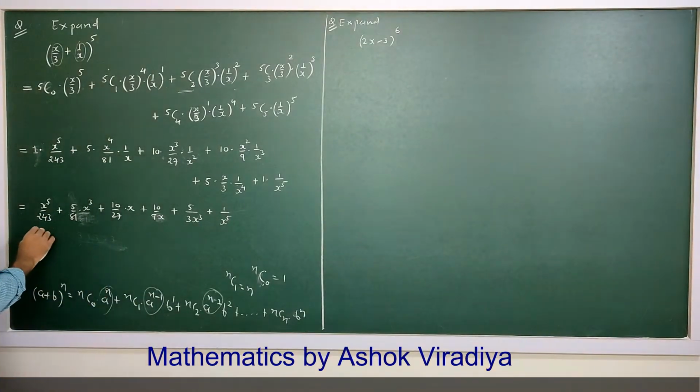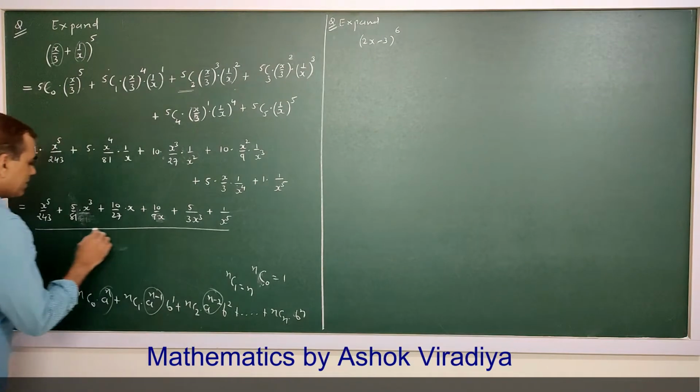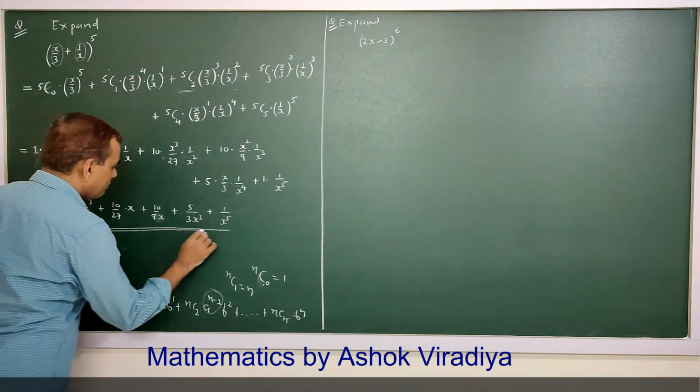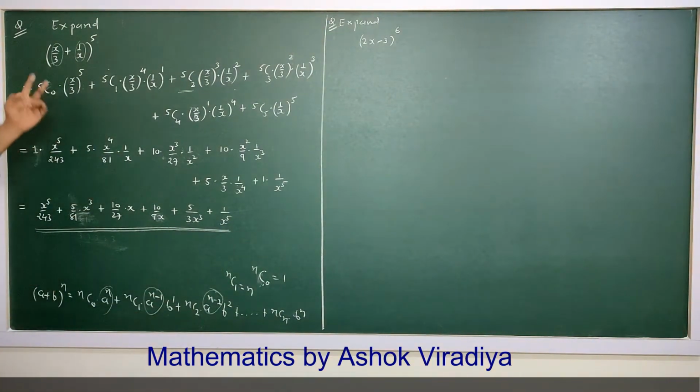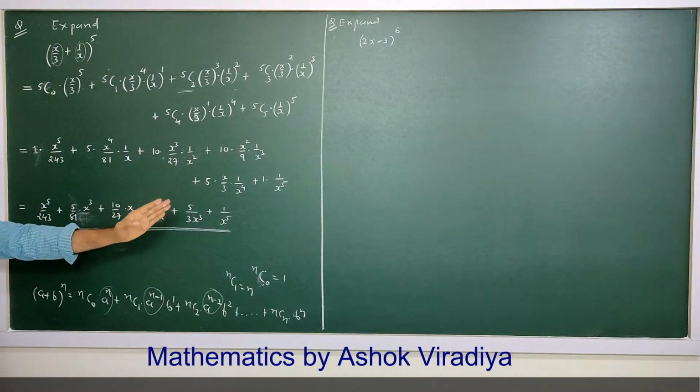So this is the required expansion of this given expression. See here power is 5 and we are getting 6 terms.